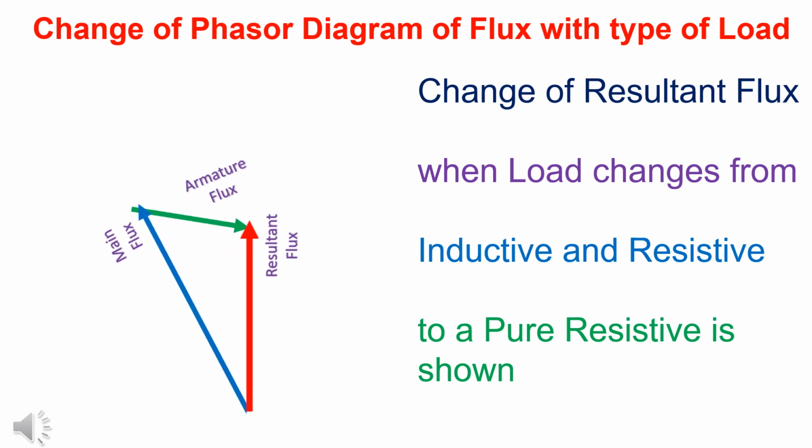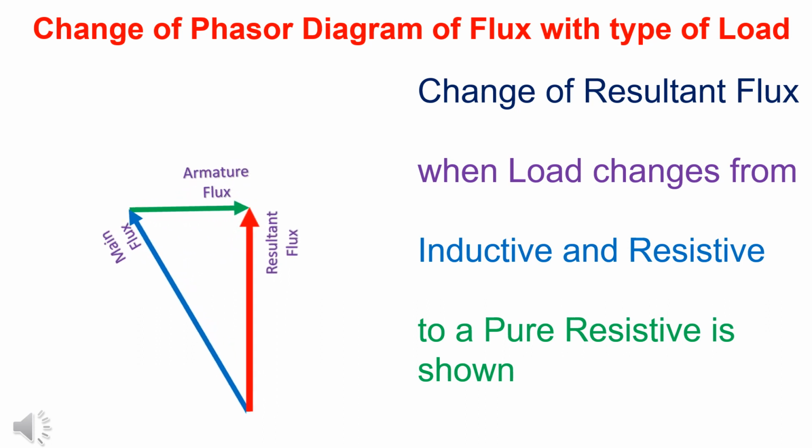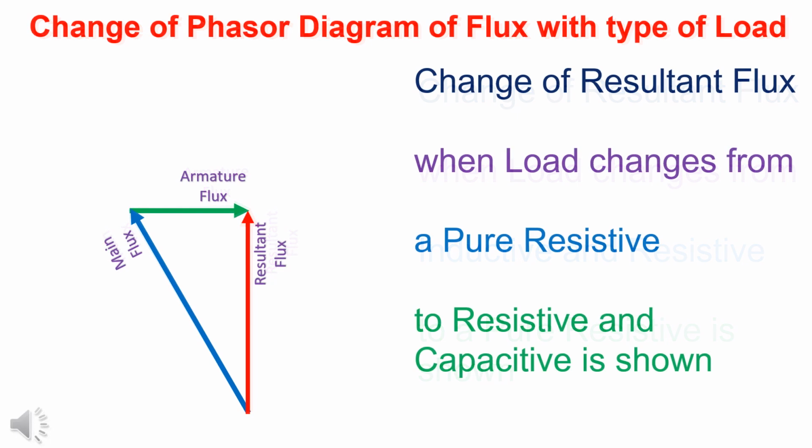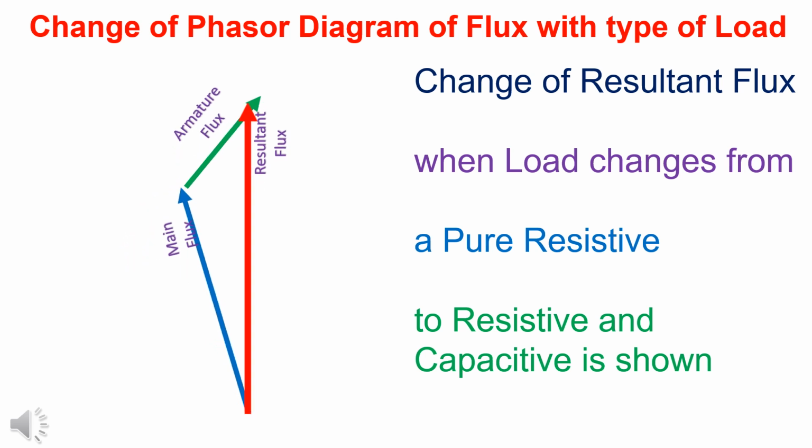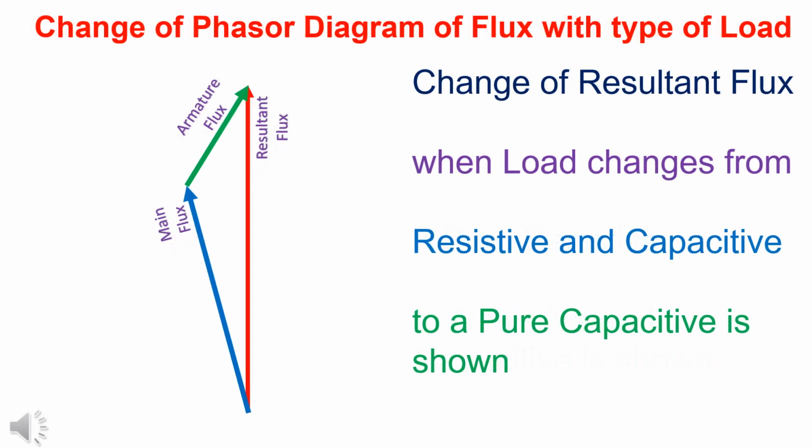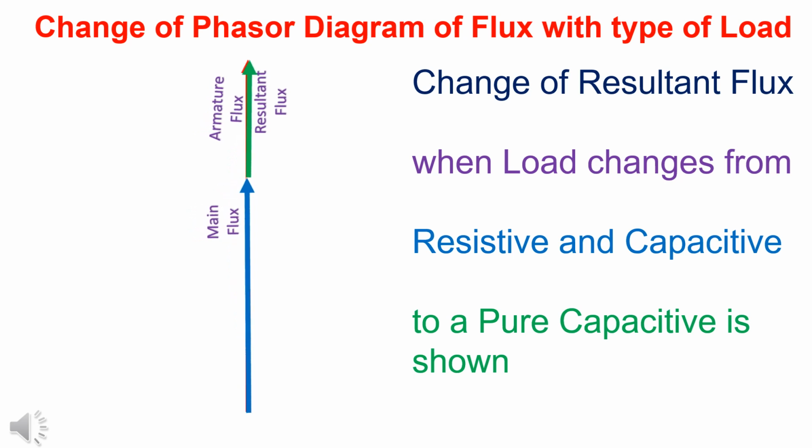Change of resultant flux when load changes from inductive and resistive to pure resistive is shown. Change of resultant flux when load changes from pure resistive to resistive and capacitive is shown. Change of resultant flux when load changes from resistive and capacitive to pure capacitive is shown.